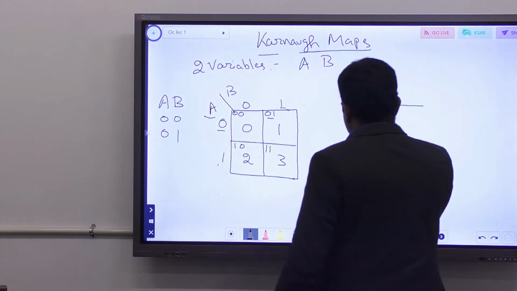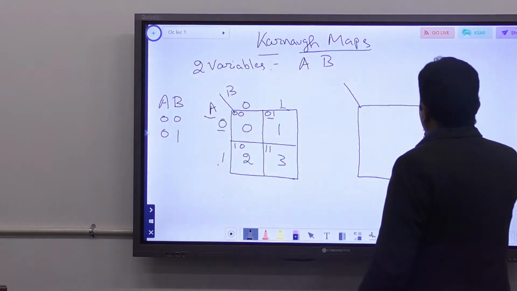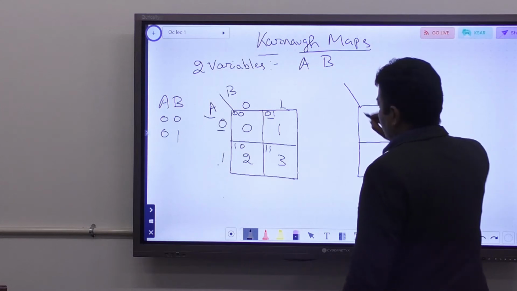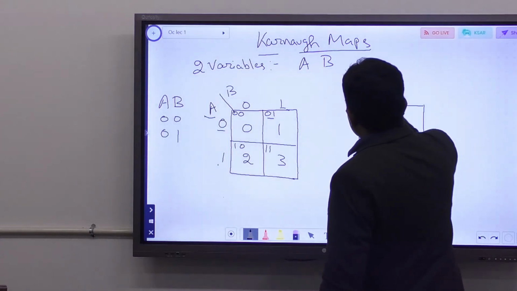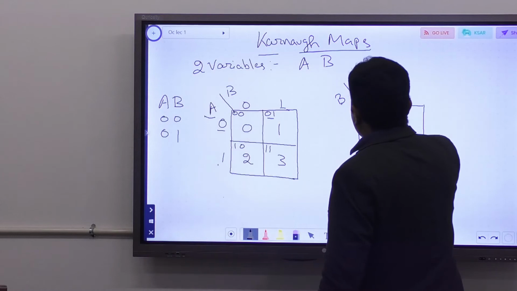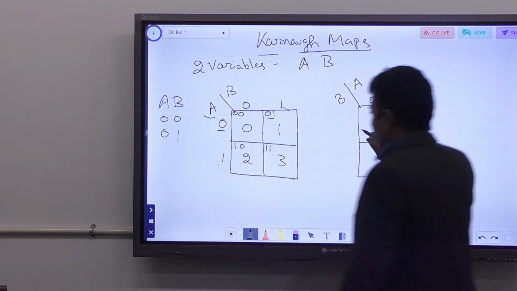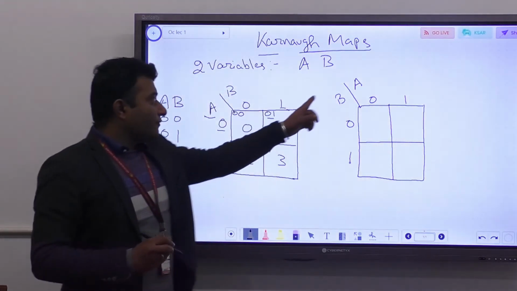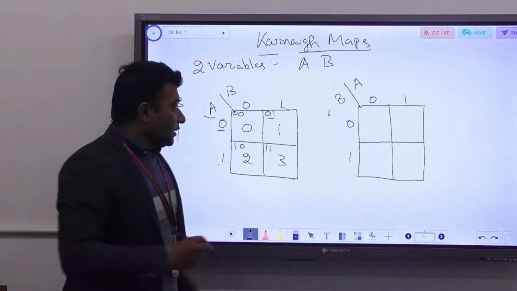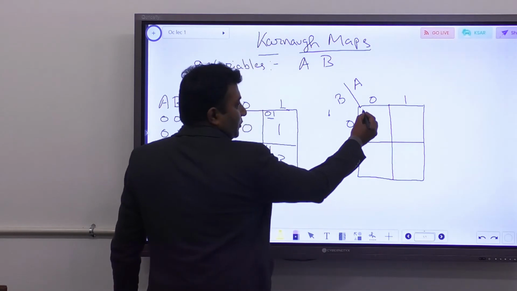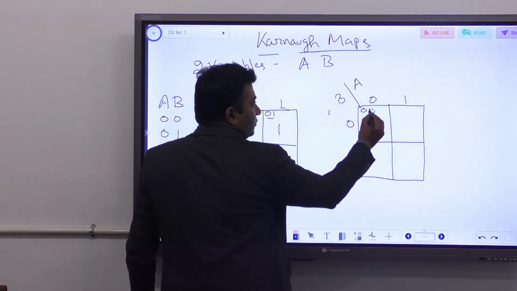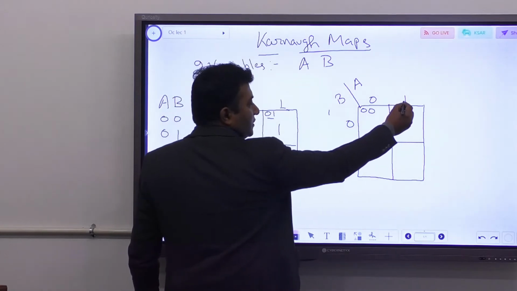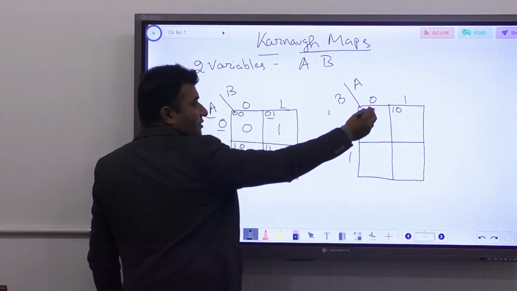this depiction is totally different. As we can see, the position of A and B has reversed. So the positional value is 0, 0. Here the positional value would be 1, 0 because A is MSB and B is here LSB.